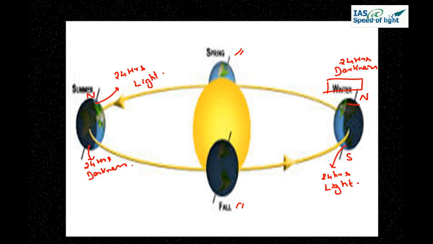During this time we can see the north pole is having 24 hours of sunlight, and similarly the south pole is having 24 hours darkness, right? And the two equal nights and days regions are the spring and the fall.